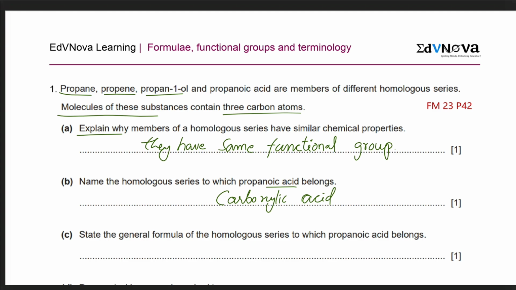Whenever they talk about general formula, you think about CnH2n, what is it? Now, the homologous series of propanoic acid, so CnH2n+1, which is an alkyl, and the carboxylic acid functional group is attached to an alkyl: CnH2n+1COOH.